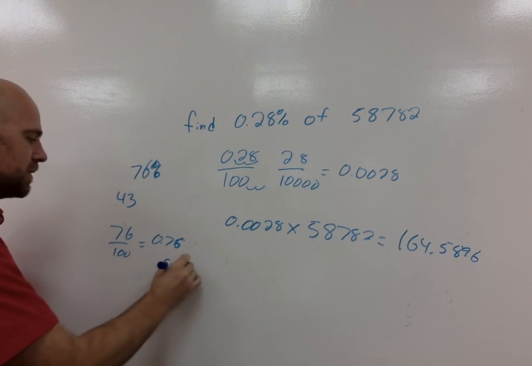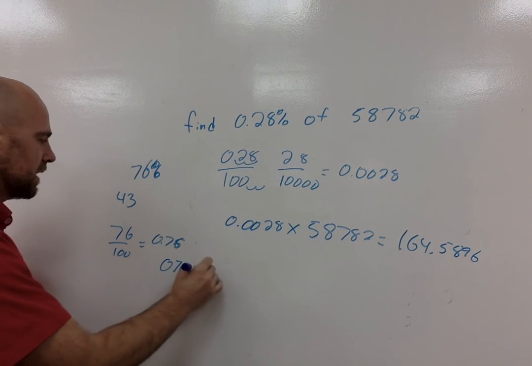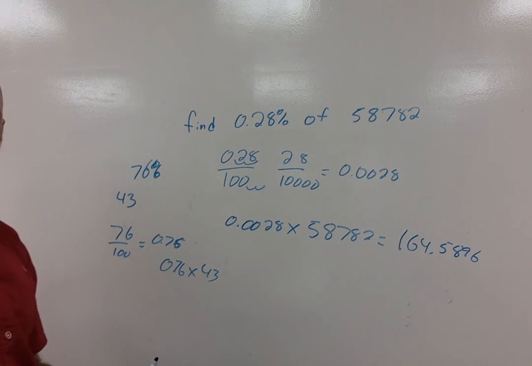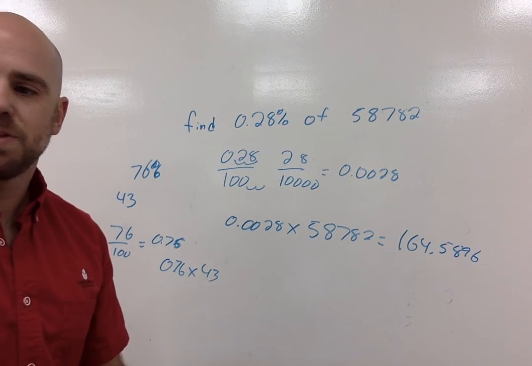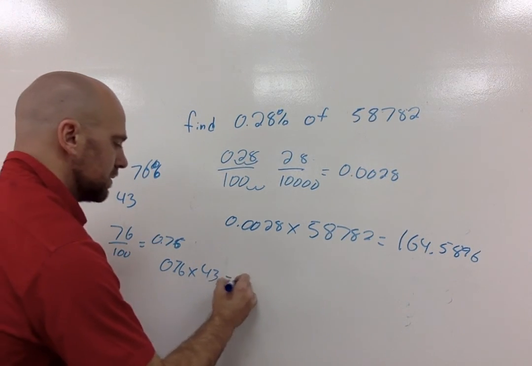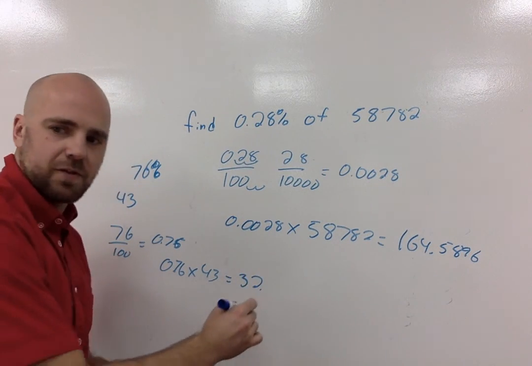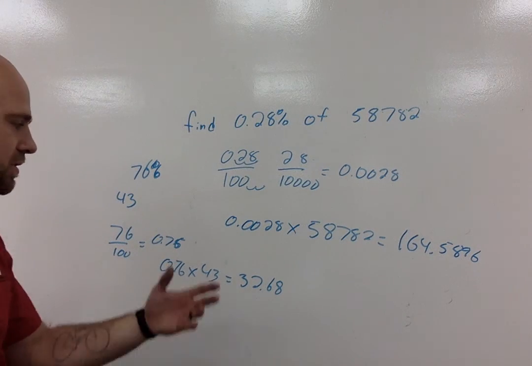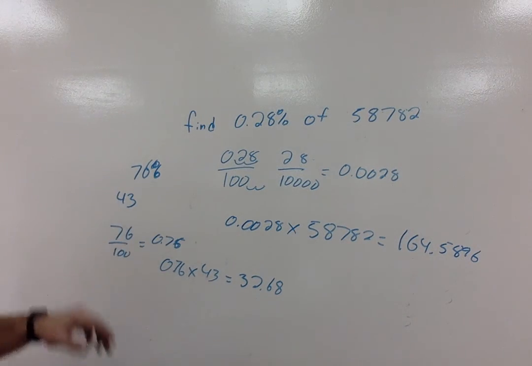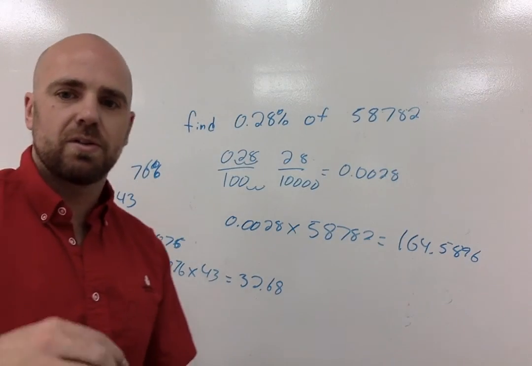Now you're taking 0.76 times 43. On your calculator, 0.76 times 43 means you got 32.68 answers correct. So your score would have been 32.68 out of 43.